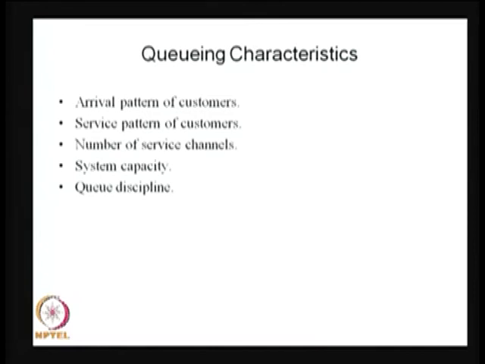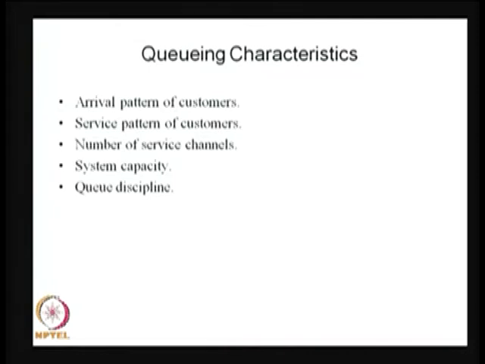To define the queuing system you need a few important characteristics. Using those, one can easily frame the queuing system. For that you need the first information, that is the arrival pattern of customers. How are the customers entering the system, how frequently, whether the customers are coming at a constant interval of time or in a random fashion. If it is constant, then we say the inter-arrival time is deterministic.